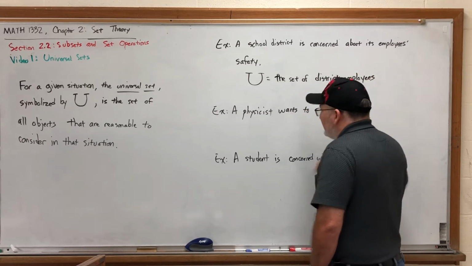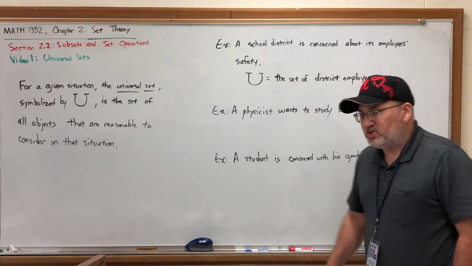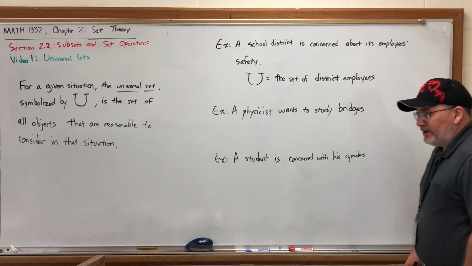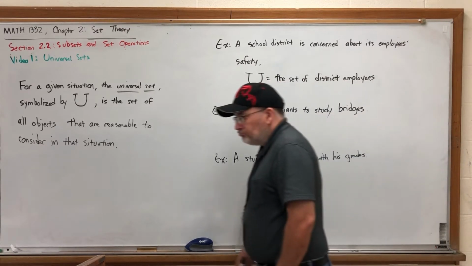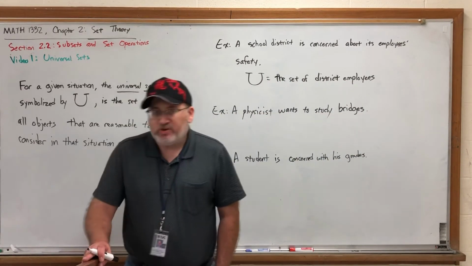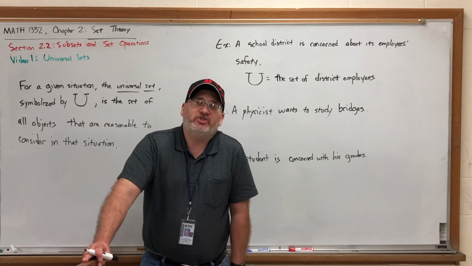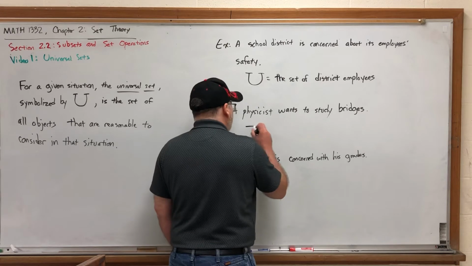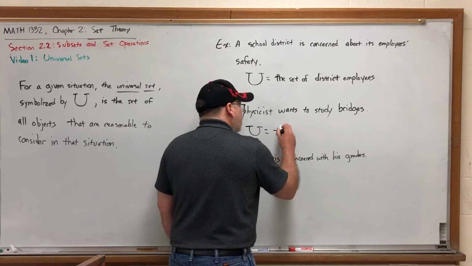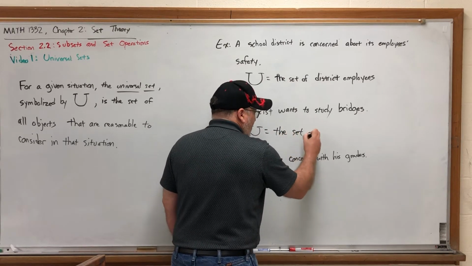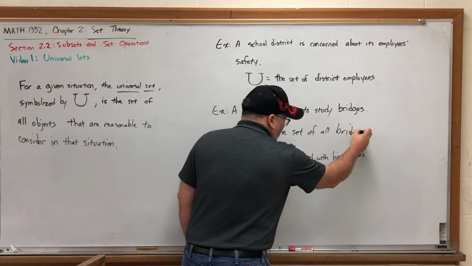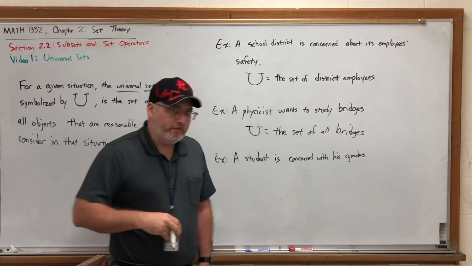Again, the universal set is often implied by a context. Next example, a physicist wants to study bridges. Okay, so what is the universal set of objects this physicist is concerned with? How about the set of all bridges? Now, with more information, we could have a more well-defined universal set.